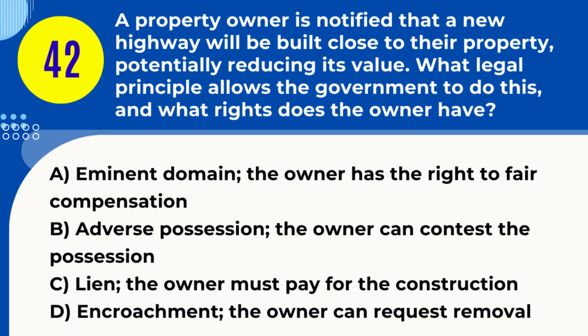Question 42. A property owner is notified that a new highway will be built close to their property, potentially reducing its value. What legal principle allows the government to do this, and what rights does the owner have? A. Eminent domain. The owner has the right to fair compensation. B. Adverse possession. The owner can contest the possession.